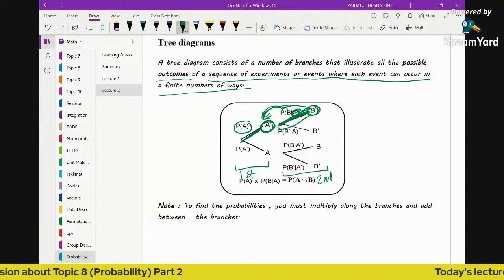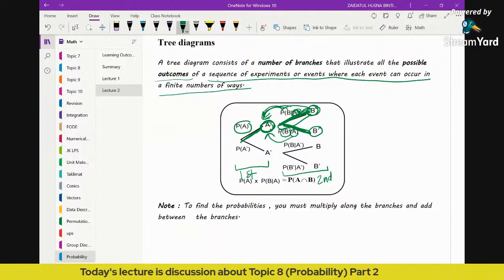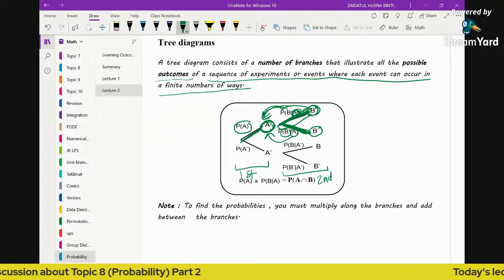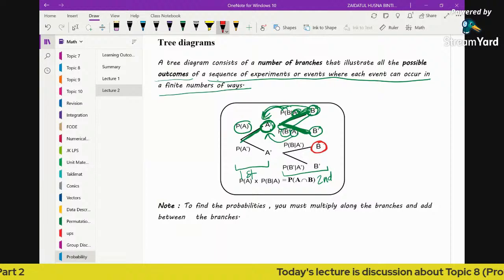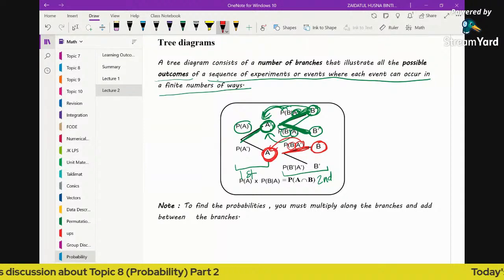And the same thing here also. If you have this B prime, so this branch tells you probability of B prime given that A has happened, because you see the previous branch is A, right? So that is the representation of the branch. Let's say here, if you have the event B here, so this branch tells you about the probability of B given that A prime has happened, because you see the previous event here is A prime, right?